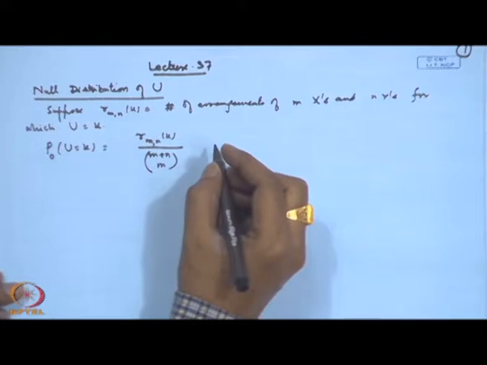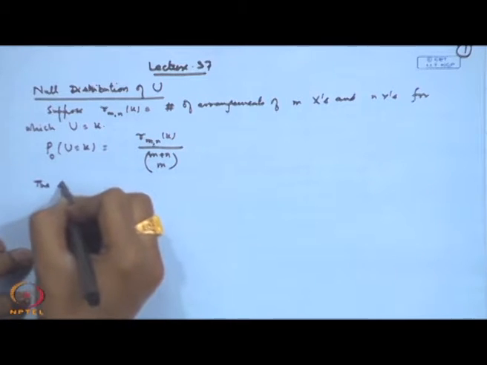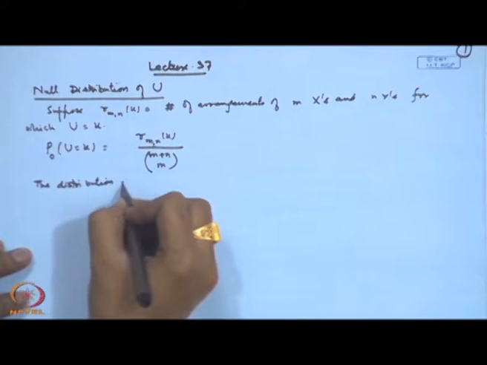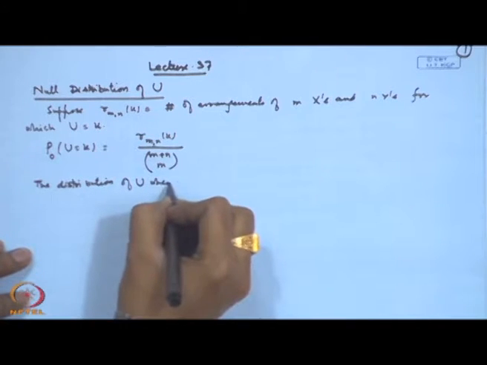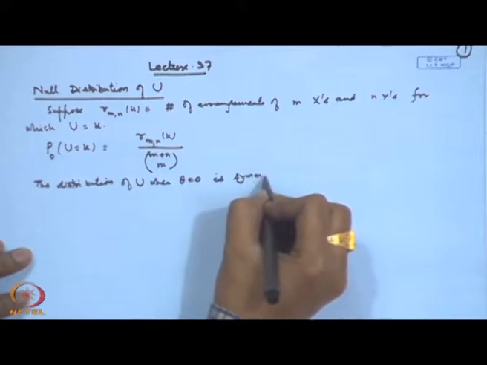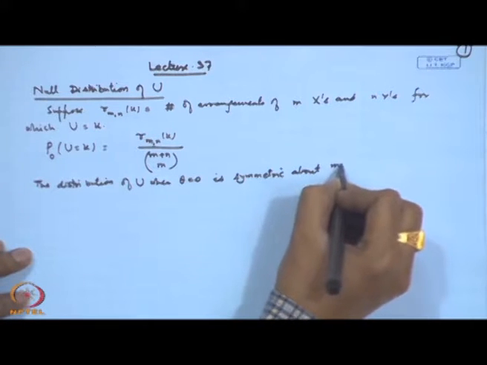The first fact that we observe is that the distribution of U when theta is equal to 0 is symmetric about the mean value, that is m n by 2.